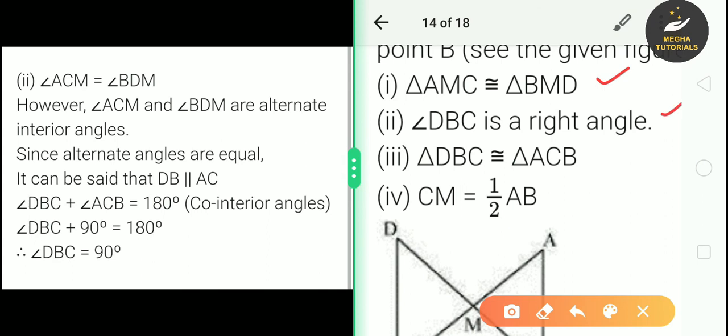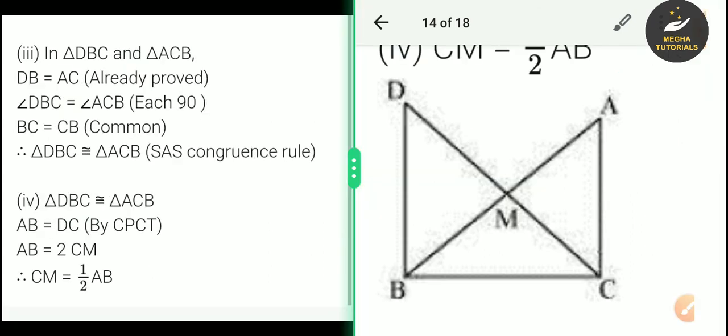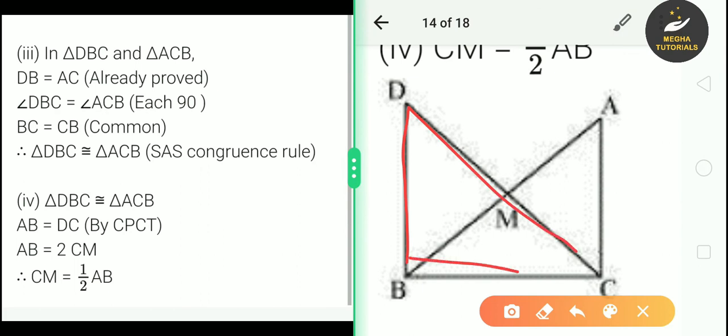Now we will prove triangle DBC is congruent with triangle ACB. Now in triangle DBC and triangle ACB, DBC means this complete triangle and ACB means this complete triangle. DB is equal to AC. We have proved this in the first proof in the CPCT part. Then angle DBC is equal to angle ACB. Angle ACB is 90 degrees and angle DBC is also 90 degrees.